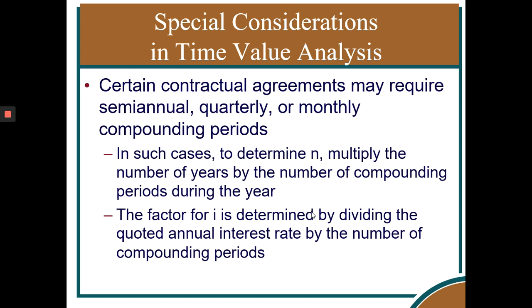You have to divide the 10% by 2: 5% in the first 6 months, another 5% for the second 6 months. If it's quarterly, it means 10 divided by 4. So remember, when the question says semi-annual, quarterly, or monthly, you have to change n and also I.